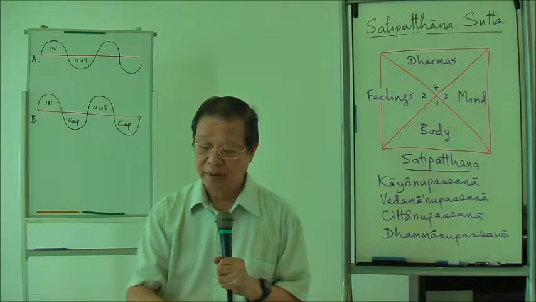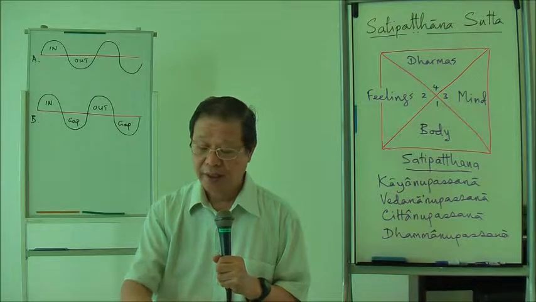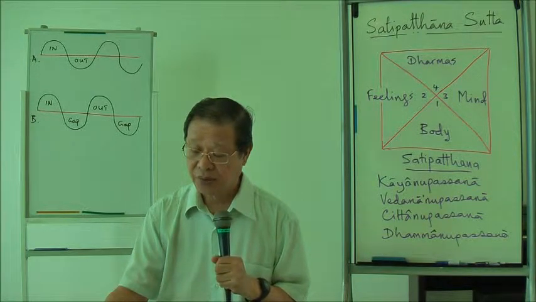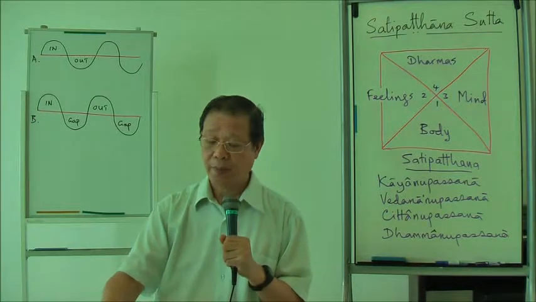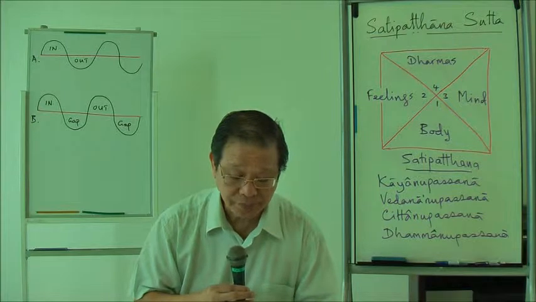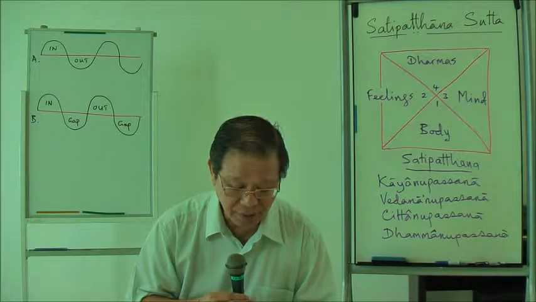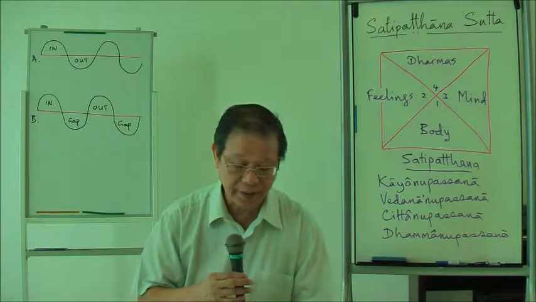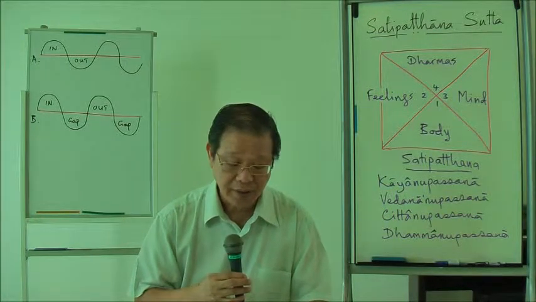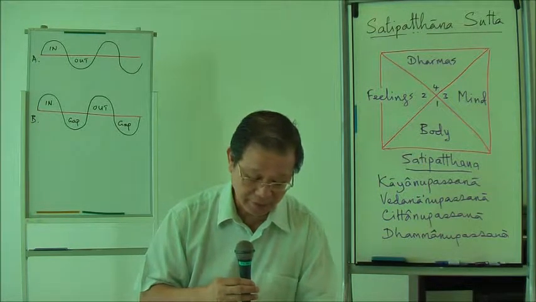Now let me explain line by line as necessary. First line, and how bhikshus does a monk dwell observing the body in the body? Here monk is, if you look at the footnote earlier on, can you see 3A, opposite page? There's a footnote 10 there.